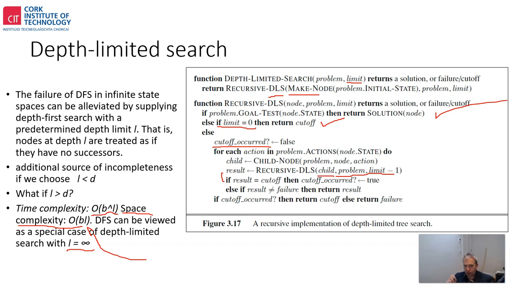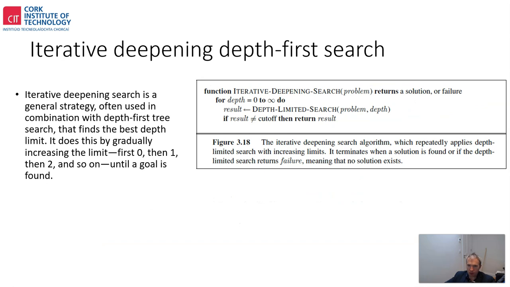This number is referred to as the diameter of the state space, and that gives us a better depth limit, which will be a more efficient depth limited search, which all sounds great. But the problem is you won't know the depth limit until you've solved the problem, so it's not much good to you ahead of time. That's a limitation of that.